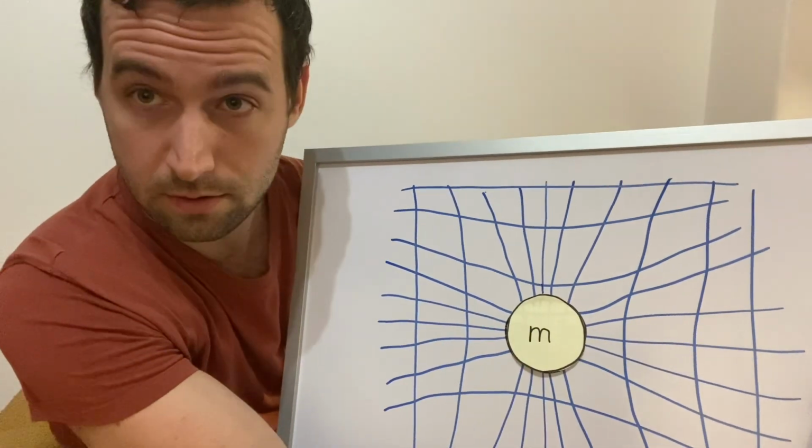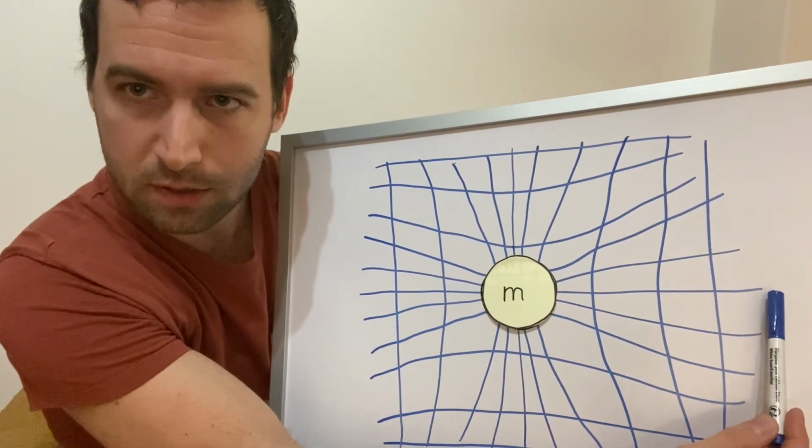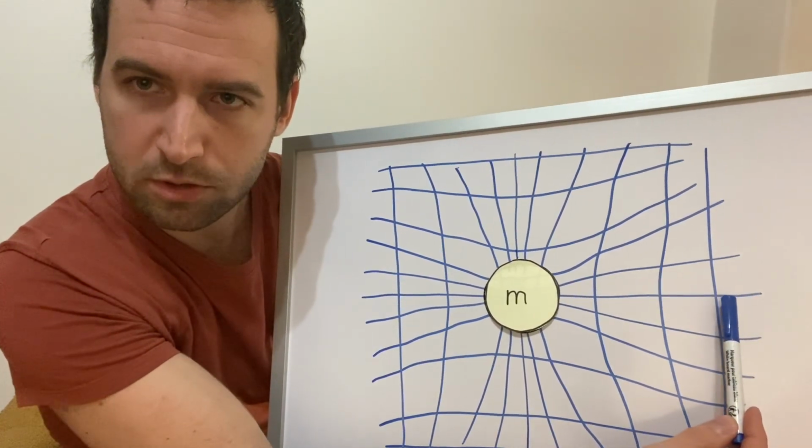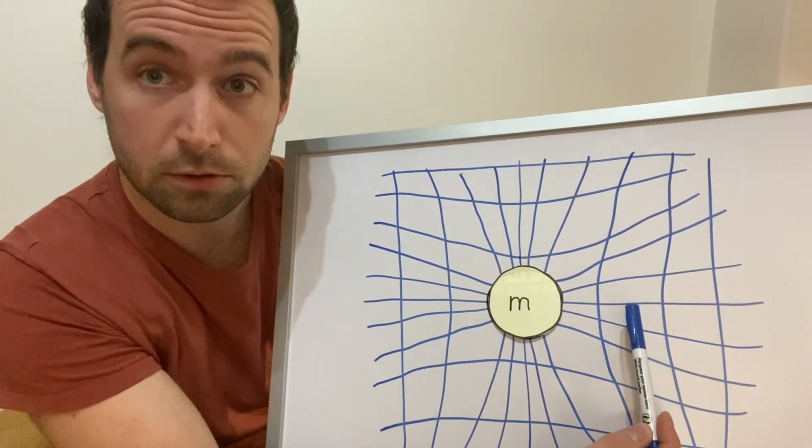What we see as we approach the mass is that normal space, as we get closer and closer, is more bent and also more dilute.